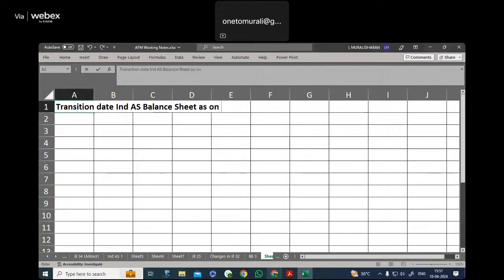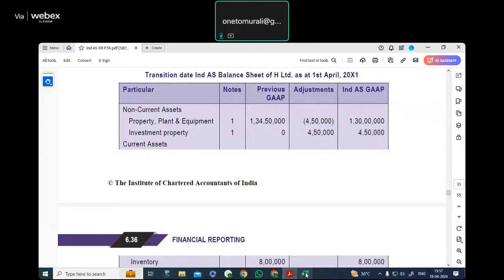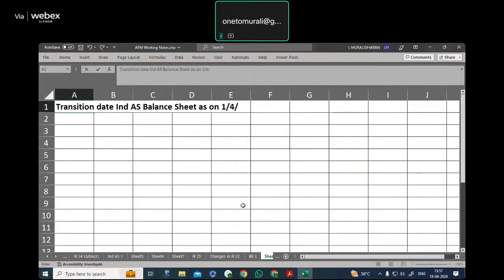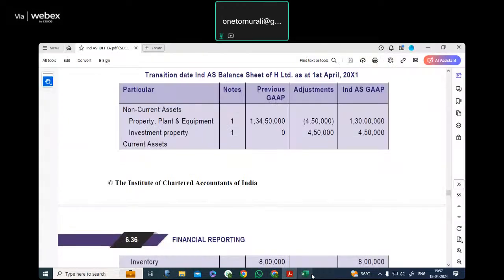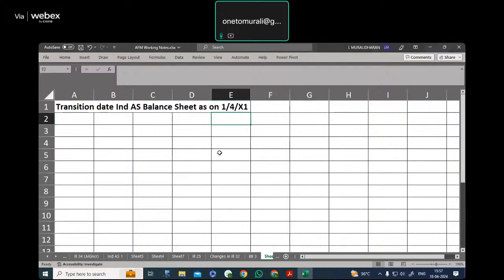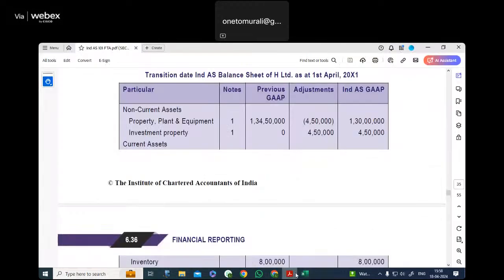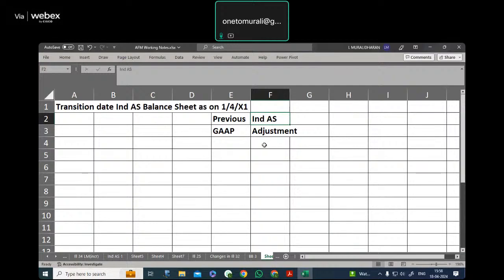As on, the date is 1st of April X4, X1. So what are the items that you will be having? Previous GAAP, adjustments, Ind AS. Previous GAAP, Ind AS adjustments, or adjustments we can call.